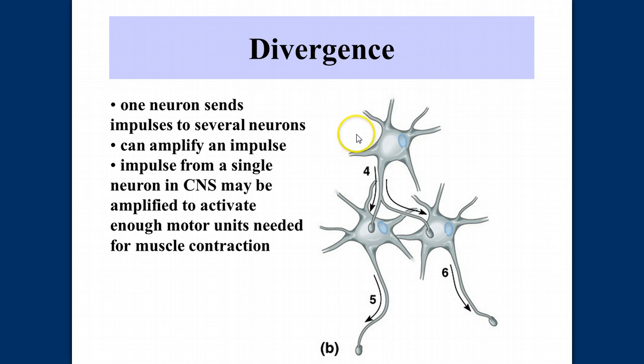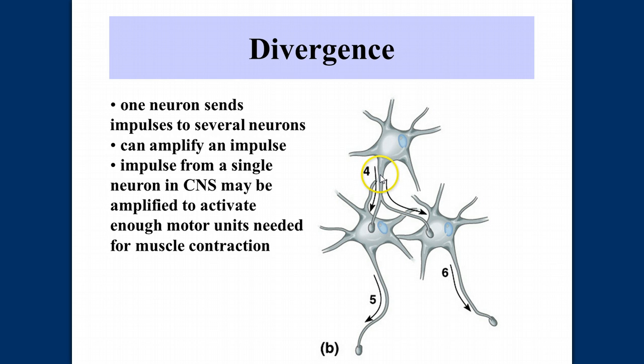Now, let me say this real quick. I think I've said it previously, when we were talking about the depolarization and repolarization of the membrane, we said that the soma and the dendrites have graded responses. If it reaches action potential, the graded response loses intensity as it travels a distance.